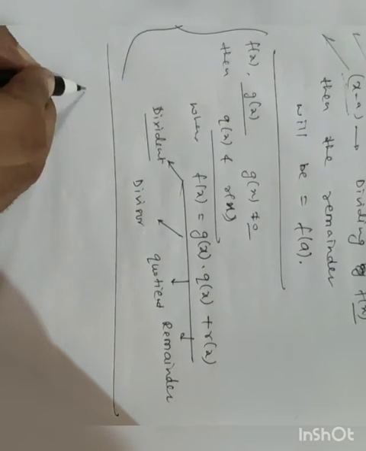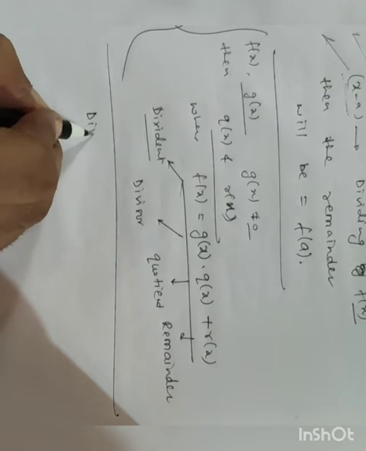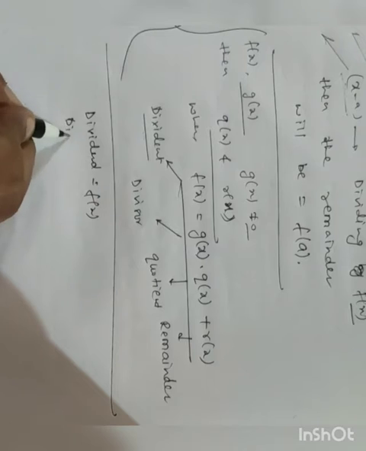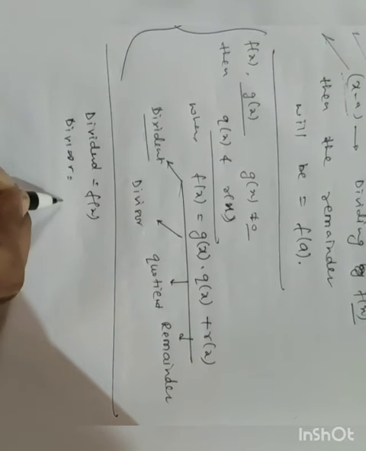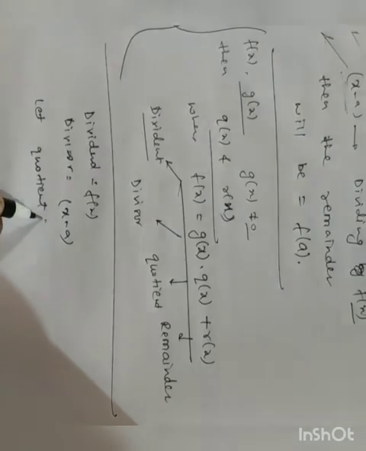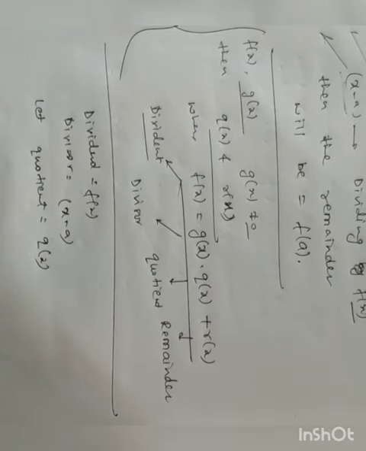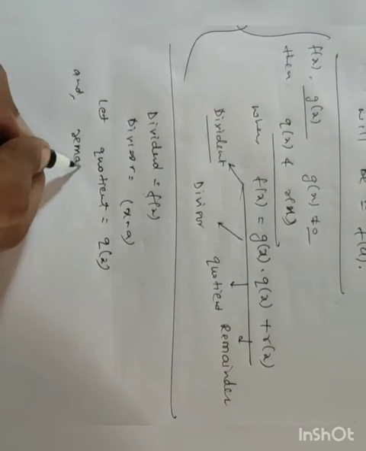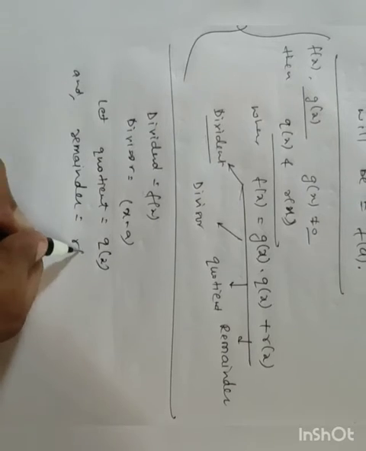So here the dividend is f(x) and the divisor is x minus a. Let's say the quotient will be q(x) and the remainder will be r(x).